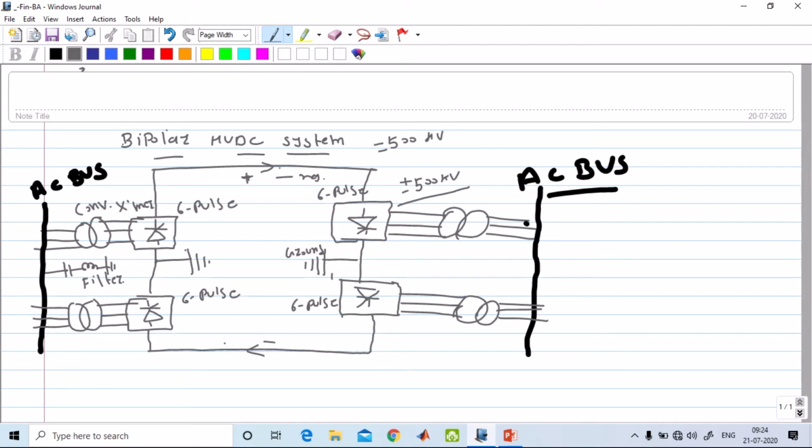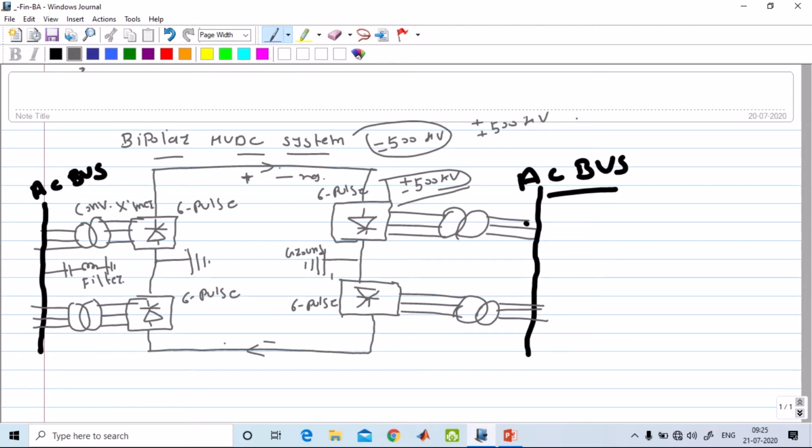So from this rating you can understand which type of HVDC link is used in the transmission system. If it is rated plus minus 500 kV, you can say that this is a bipolar operation of HVDC. If it is rated this way, minus 500 kV or plus 500 kV, it means that it is a homopolar operation. Clear?